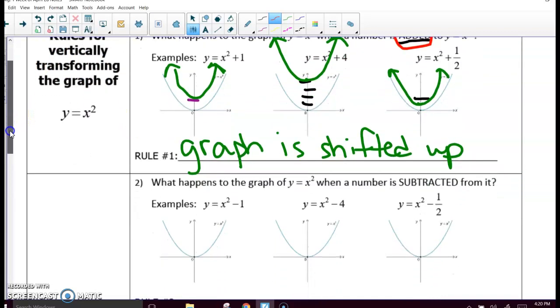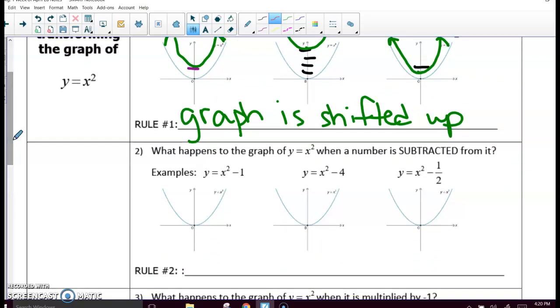I would like you to take a look at the next row. So again, open up Desmos, begin with y equals x squared, and then sketch the graph of the three following ones and see if you can come up with the rule.